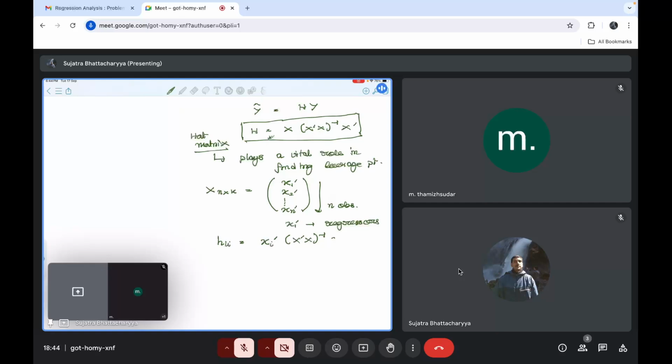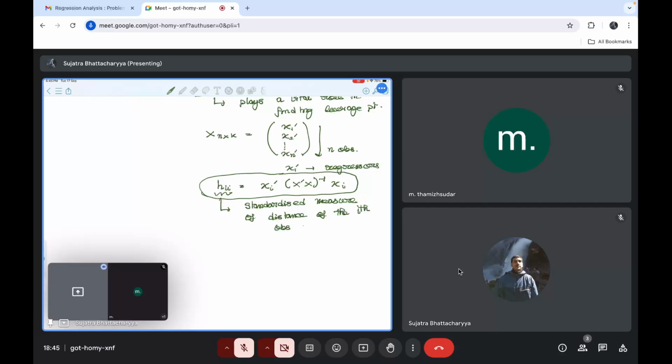So this is your h_ii. If you want to find the diagonal element, you can write it like this. This h_ii is a standardized measure of distance of the ith observation from the center of the x coordinate.